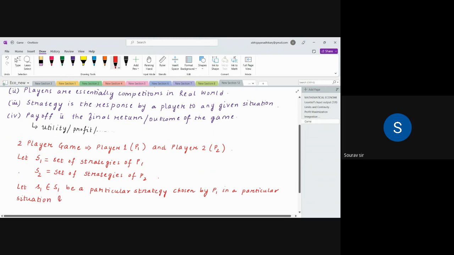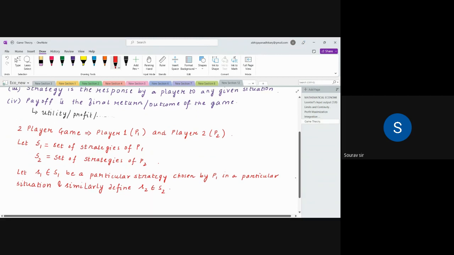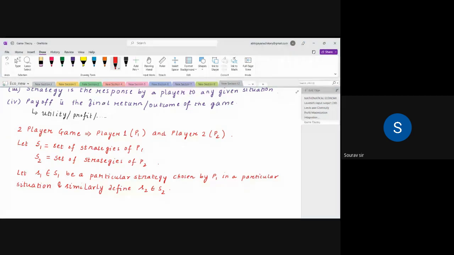And similarly, define a small s2 belonging to capital S2. So any particular strategy from the strategy set, I will be denoting by small letters, and the strategy set as a whole, I will be denoting in the form of capital letters.